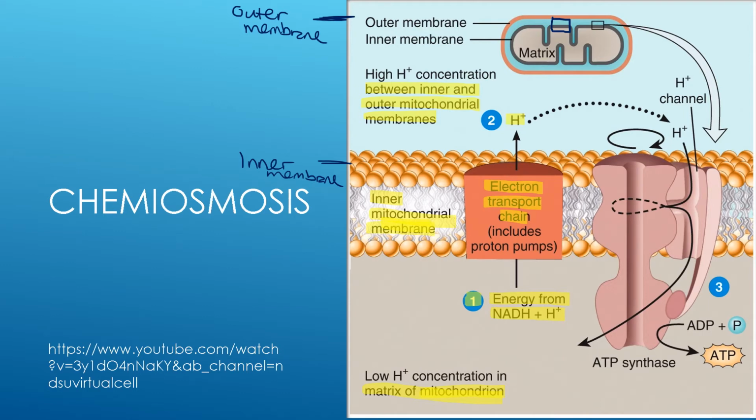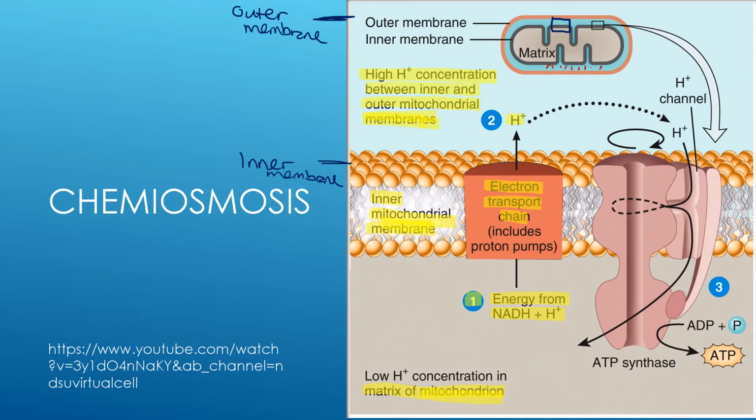And then the outer membrane is outside, and this is the space between the two membranes. So hopefully that makes sense. So we're pumping hydrogen ions into the space between the membranes, this light blue part here. This is where we're going to have this buildup of hydrogen ions.